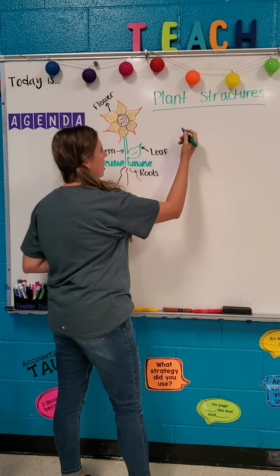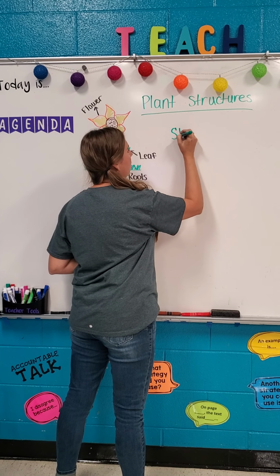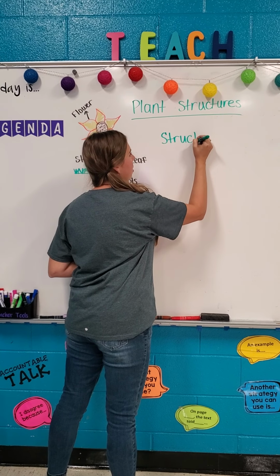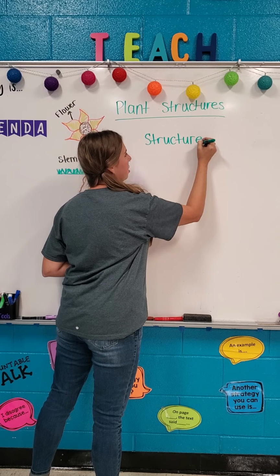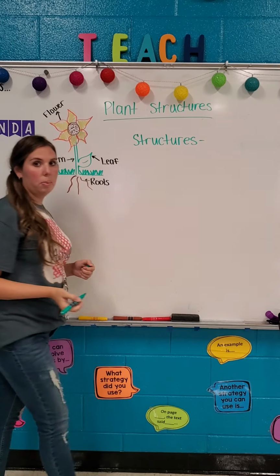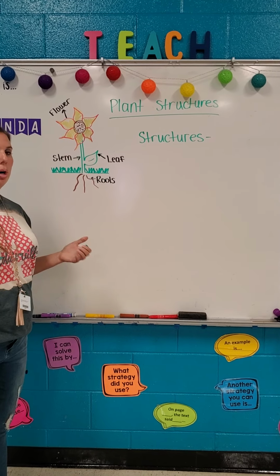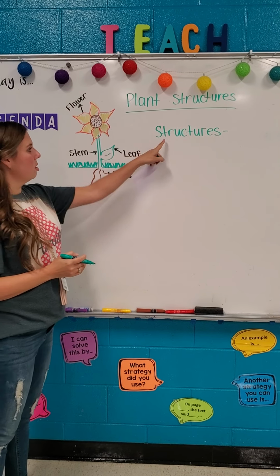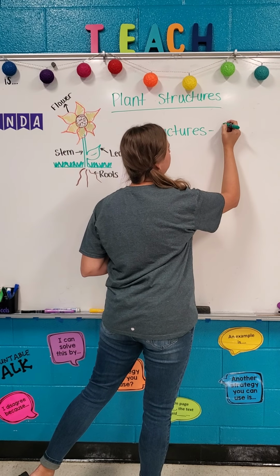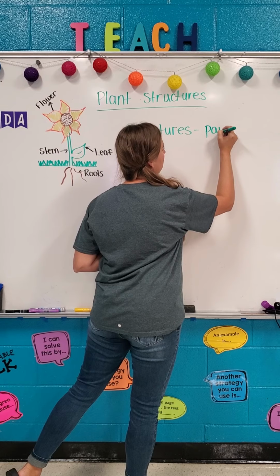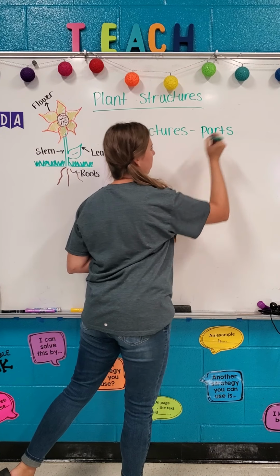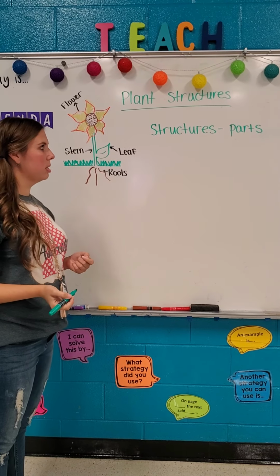So that's just a fancy word for parts. So instead of me saying plant parts, or later on when we learn about animals saying animal parts, you'll hear me use the word structures. And all it means is parts.